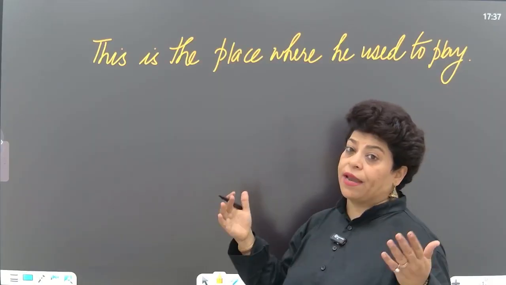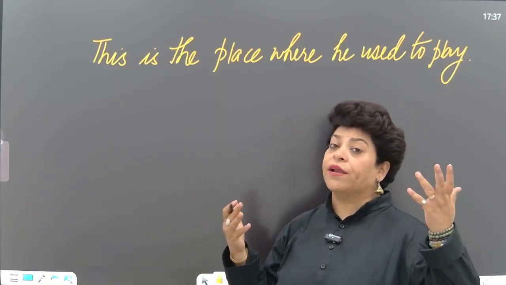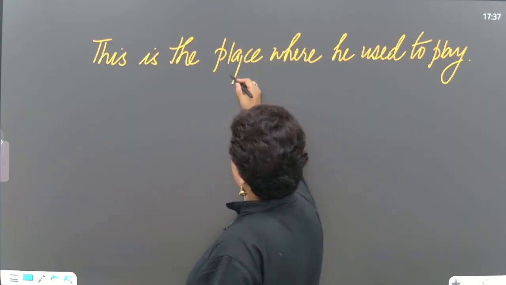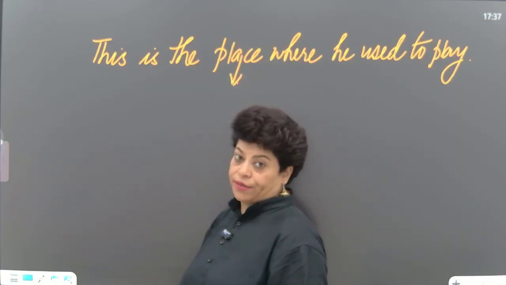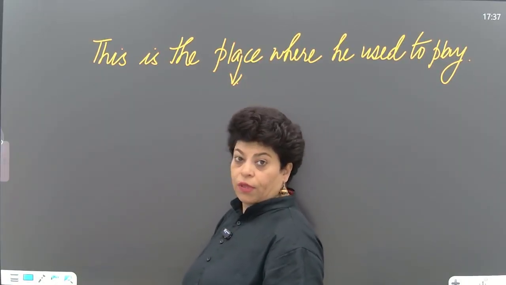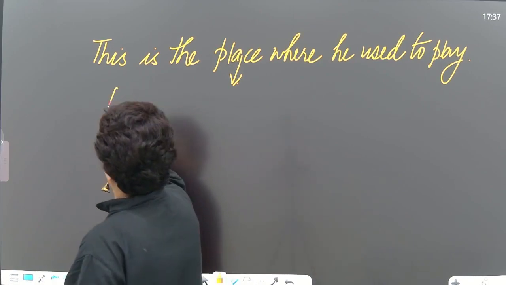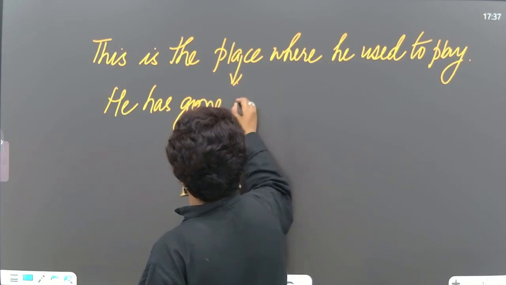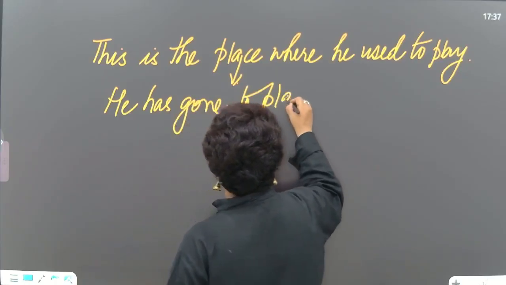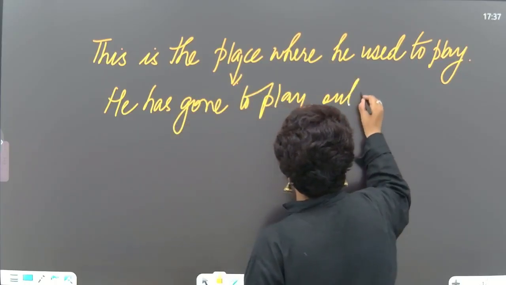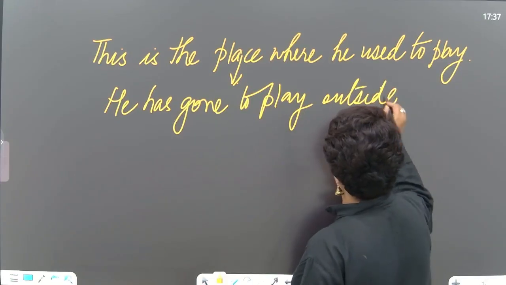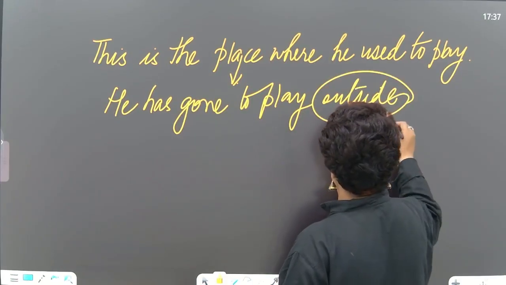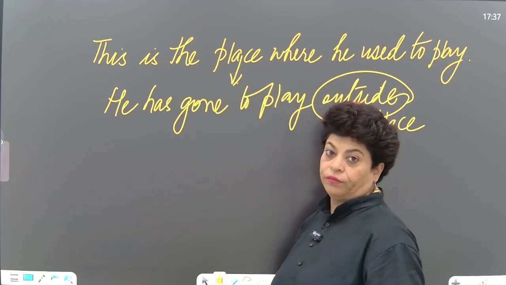So what are we telling about? What is the thing that is being talked about? We are concentrating upon the word place. Clear? Where is he? He has gone to play outside. So what is again he is describing? The place. Right?